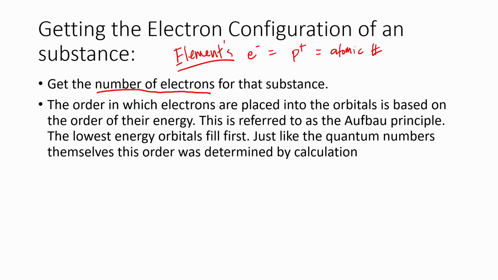The order in which electrons are placed into the orbitals is based on the order of their energy. This is called our Aufbau principle. This means that the lowest energy orbitals will fill first, and these are obtained by calculation. So the main reason why we have this pattern is because it was proven by calculation.